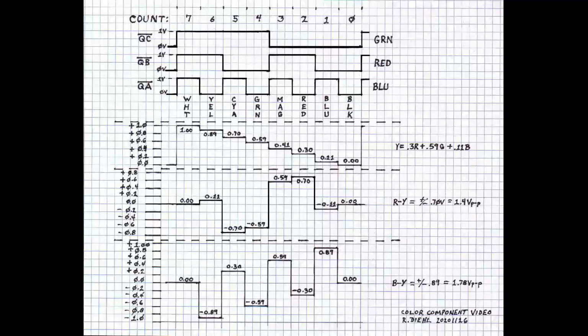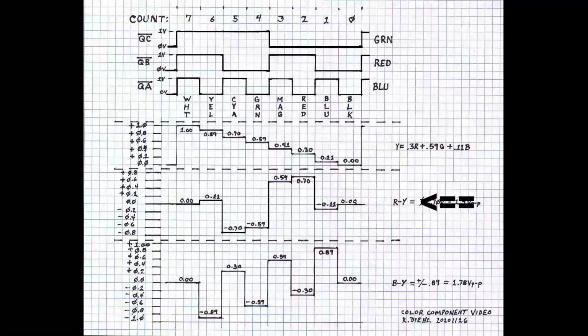This signal is simplified. It has no synchronizing signal. Looking at an expanded view of our red, green, and blue signals, you'll notice that below the red, green, and blue, I've calculated the waveforms for the Y signal, which is luminance, or black and white, in a video system. Whether it's color or a black and white system, there's a black and white signal.